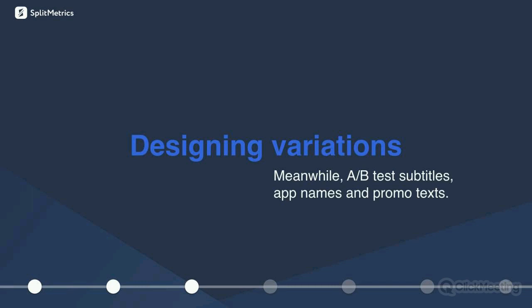But still, while you test screenshots, icons, etc. in the process, you can also A/B test subtitles, app names, and promo text. By the way, what we've realized from recent A/B experiments is that powerful subtitles can show up to 25% conversion uplift. So why not test?